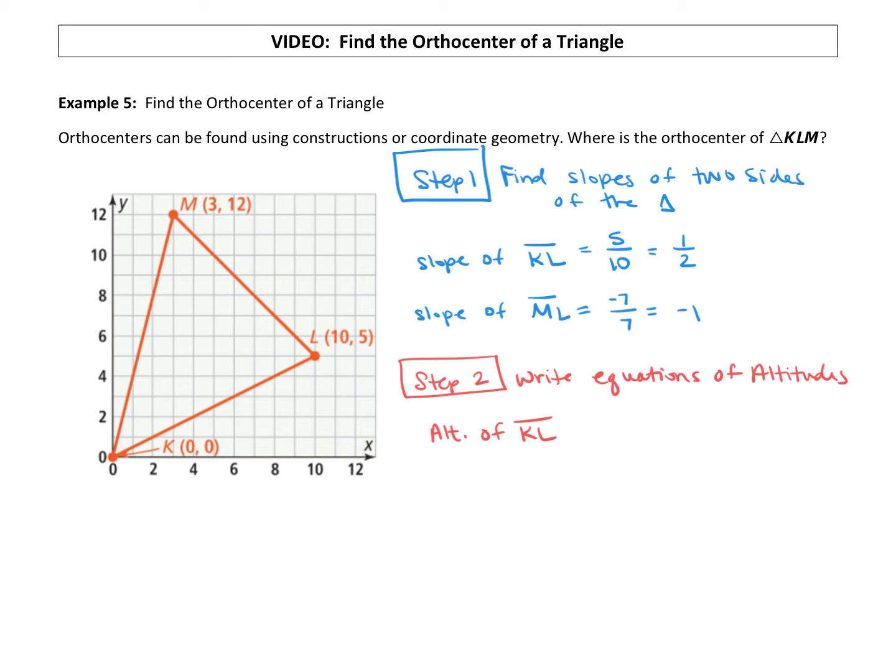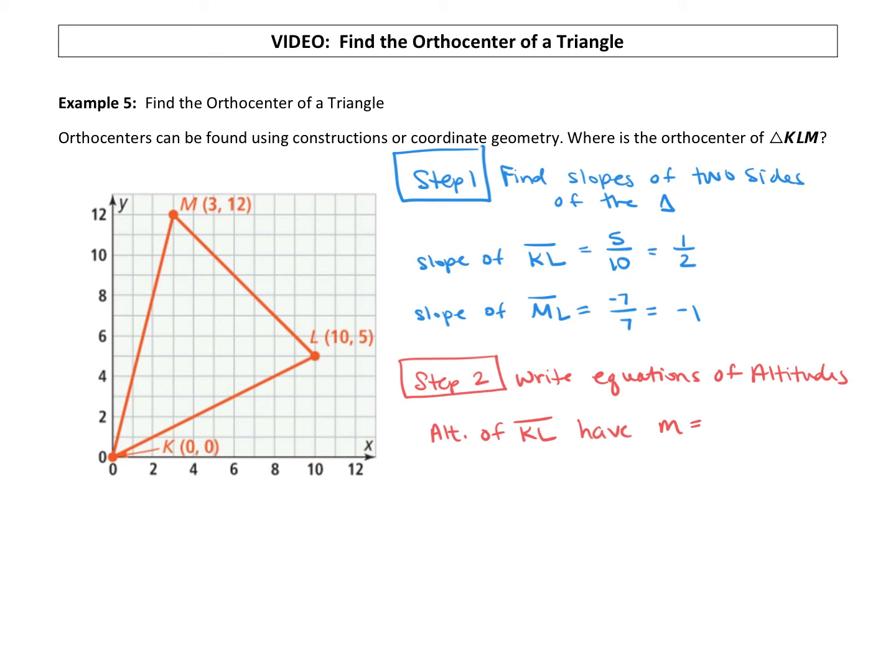So that's why we had to find the slope of KL, so we would get a perpendicular slope. So the altitude of KL will have a slope equal to, now the perpendicular slope to 1/2.